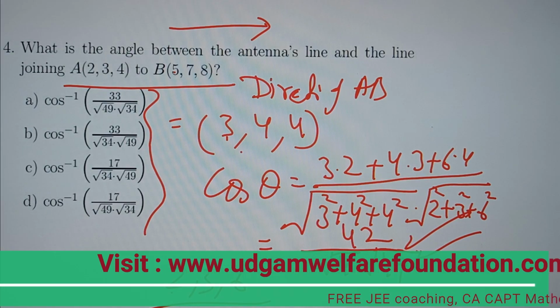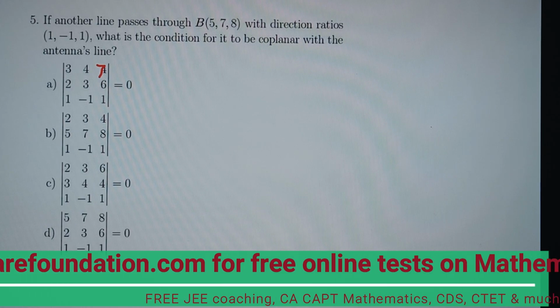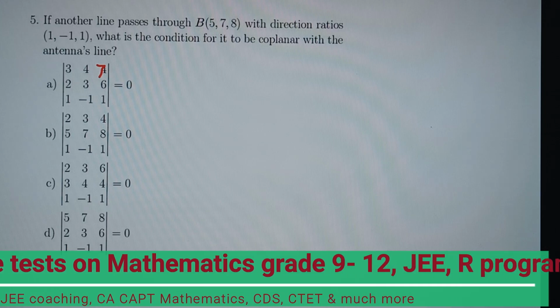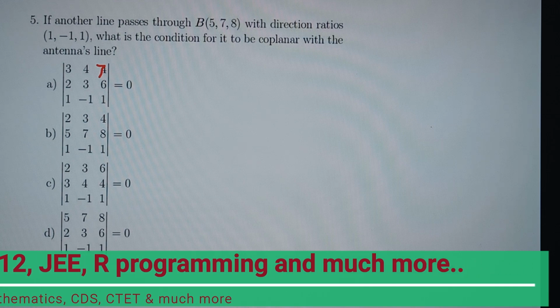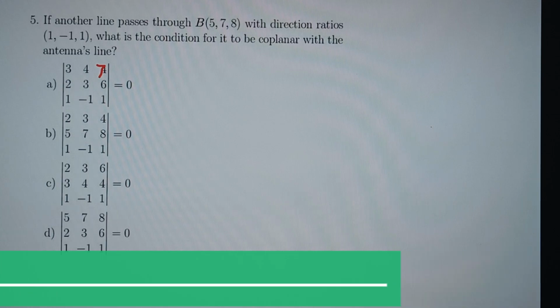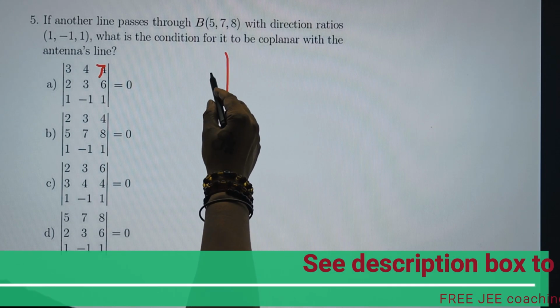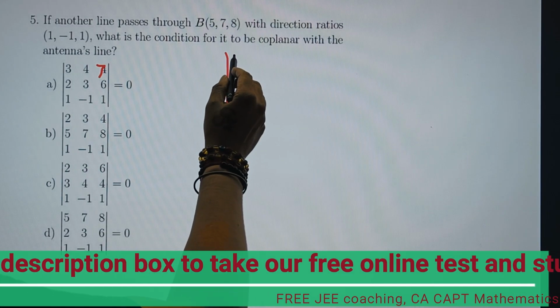Now let's move towards question number 5. So students, here comes our question number 5, which states: if another line passes through point B, that is 5, 7, 8, with the direction ratios 1, -1, 1, what is the condition for it to be coplanar with the antenna's line? We know that coplanarity can be found when the determinant of all three direction ratios equals 0.